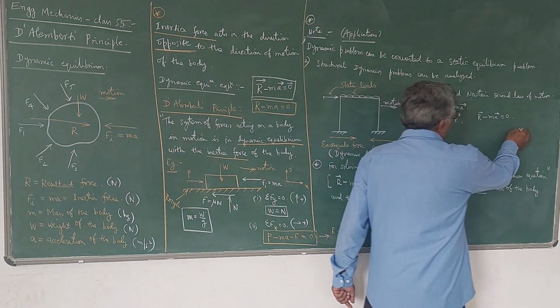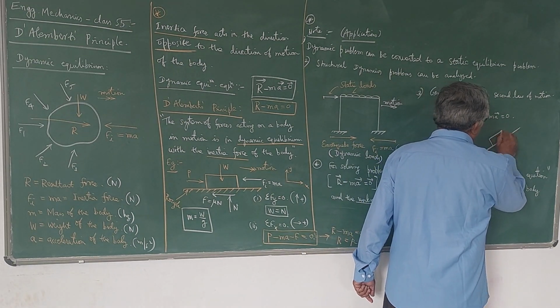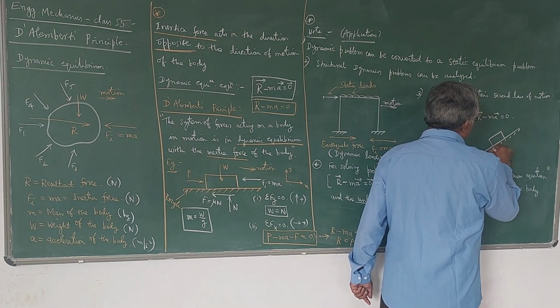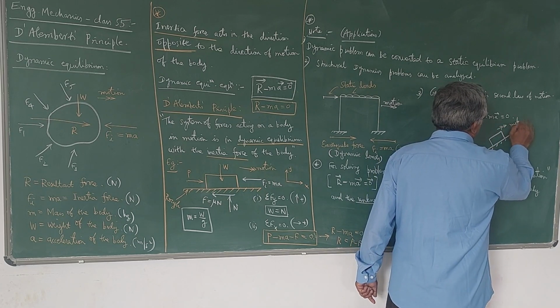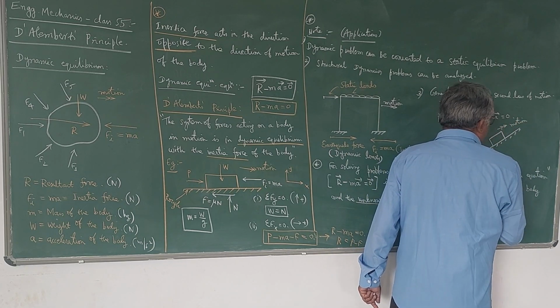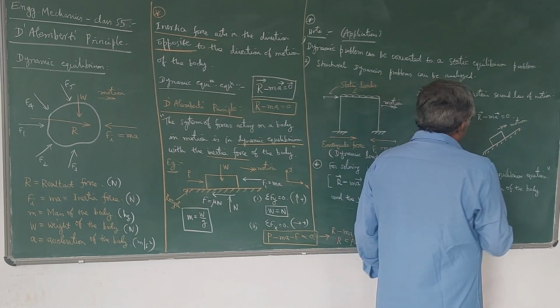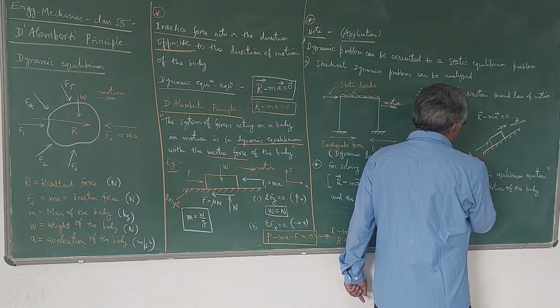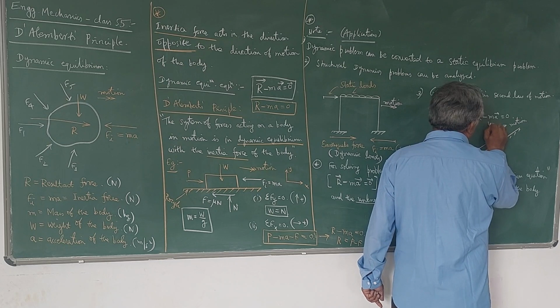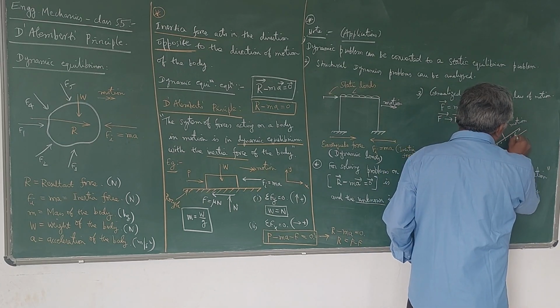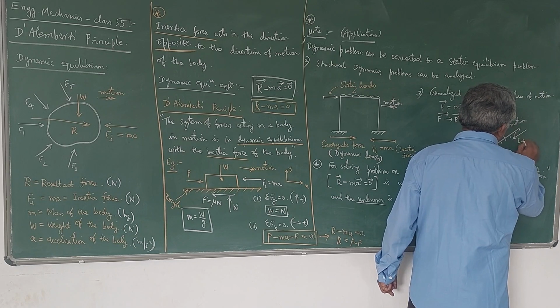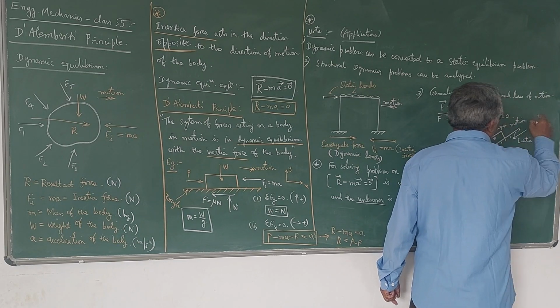You can have an inclined plane also. Suppose a body is moving on an inclined plane, and this is the direction of motion, then we can write one equation along the direction of motion. It is like this: P is the force, W is the weight of the body, and the inertia force will be acting in the opposite direction. This is the direction of motion.